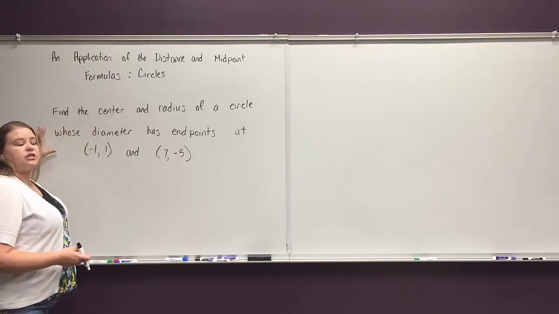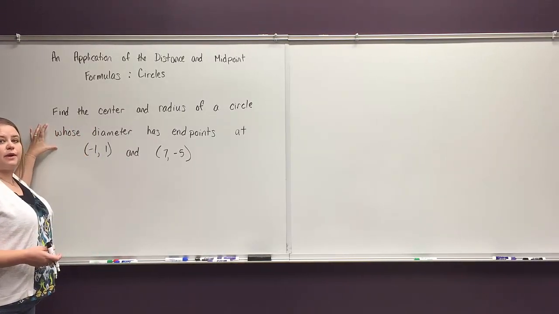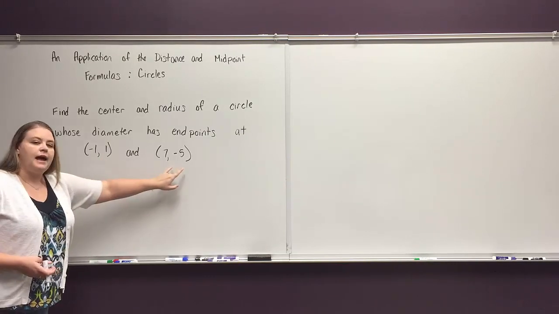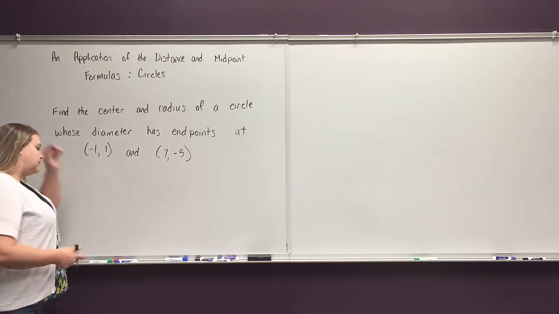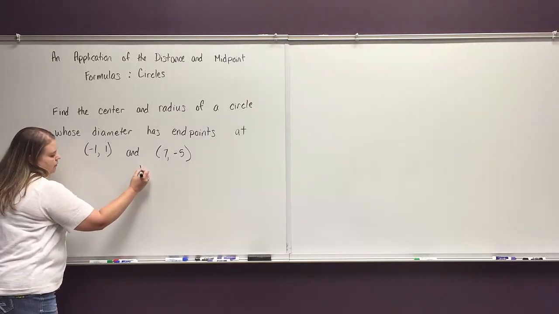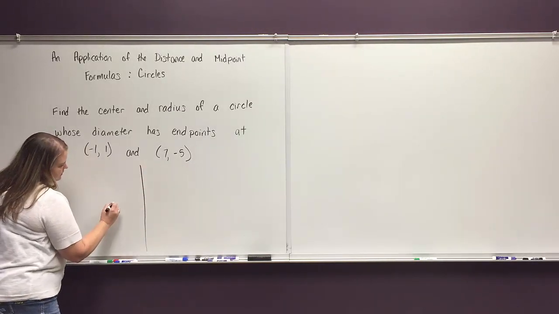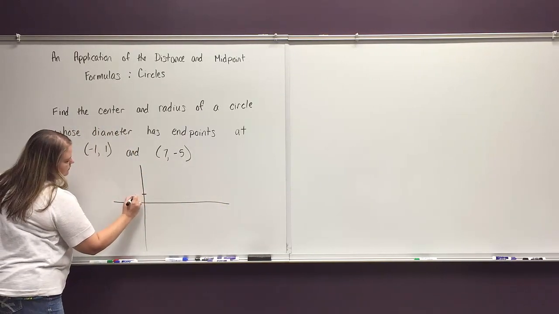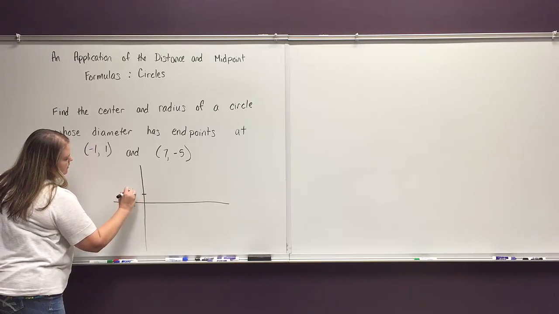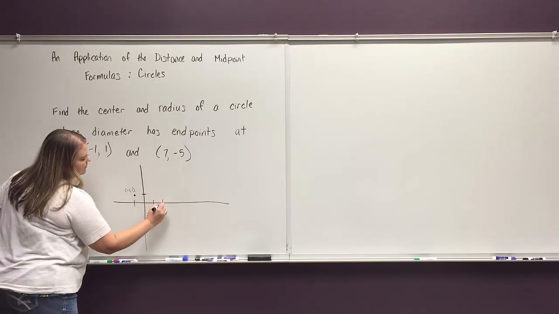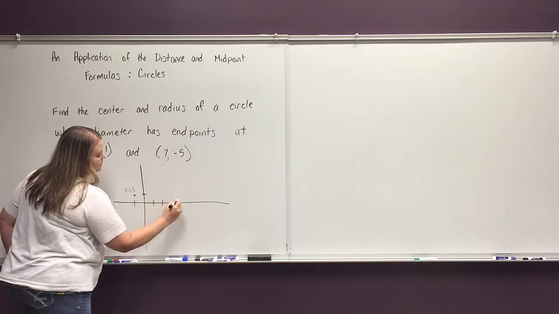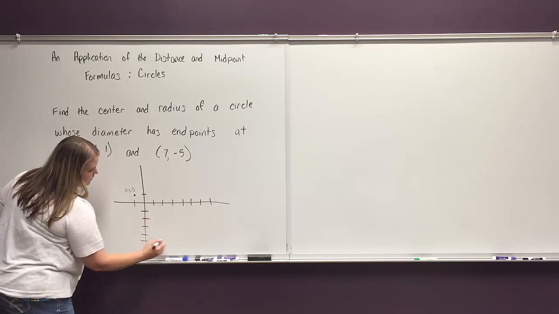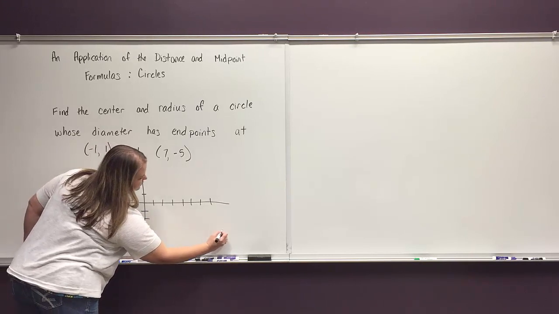So here's an application asking us to find the center and the radius of a circle whose diameter has endpoints at -1, 1 and 7, -5. So if we think about that for a minute, if we have our coordinate plane, we have a point at -1, 1, and we have another one at 7, -5, which should be about here.